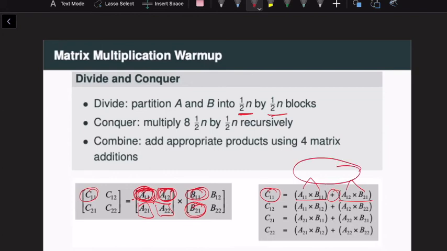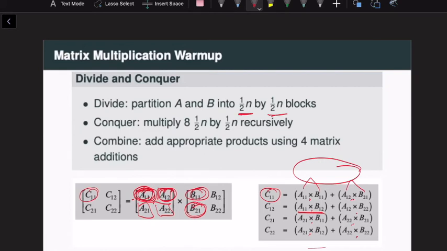So now we have 8 multiplications that we have to do and some additions, right? But each multiplication is on a smaller matrix. Now, how much is it going to cost us to do all this work?